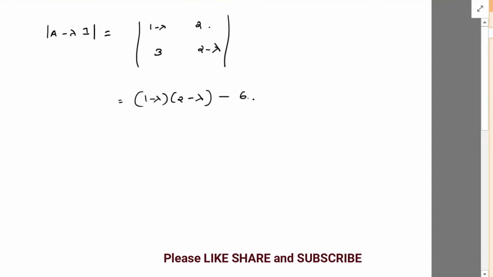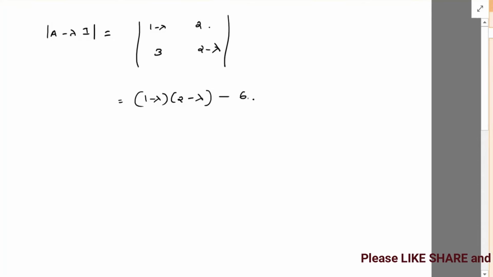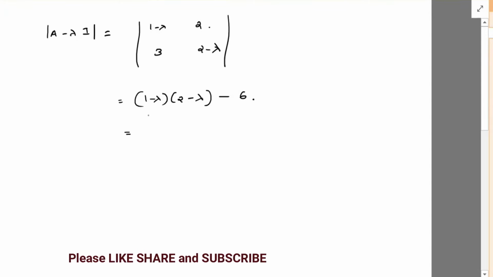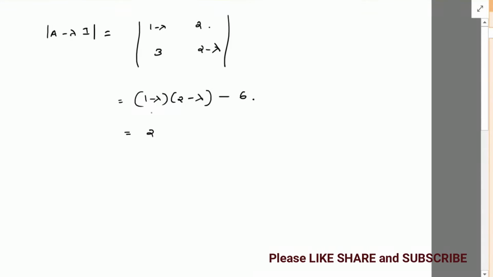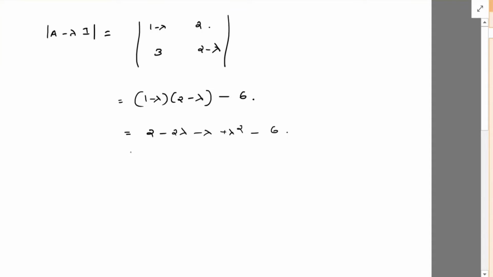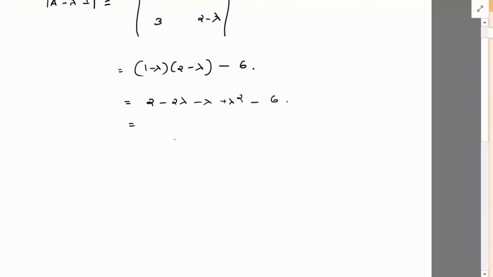By expanding this, we get 2 minus 2 lambda minus lambda plus lambda square minus 6, which is equal to lambda square minus 3 lambda minus 4.